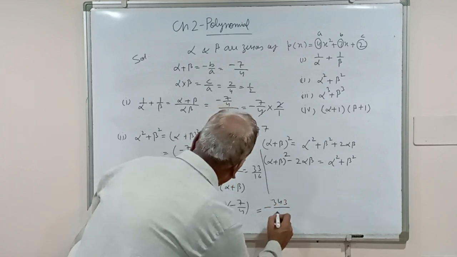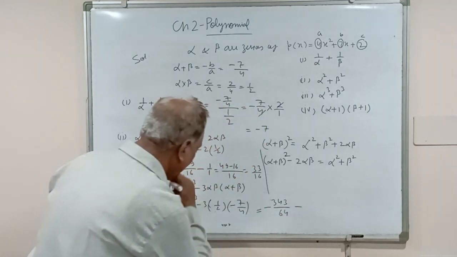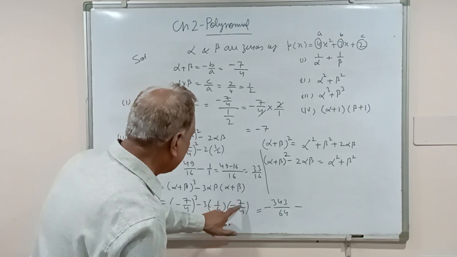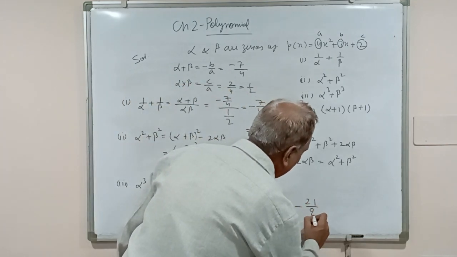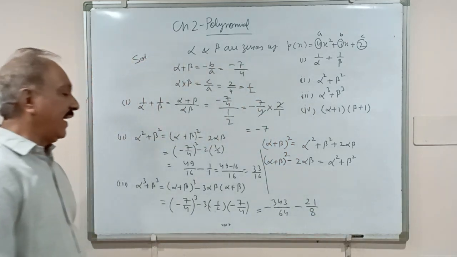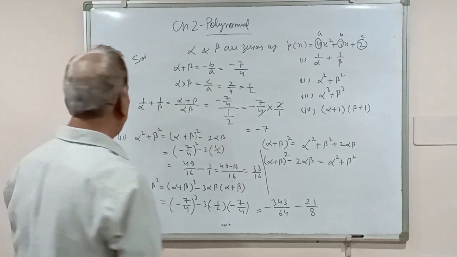So this will be 343 upon 64, minus, plus 7 is 21 upon 8. Take LCM and solve it. Very simple.